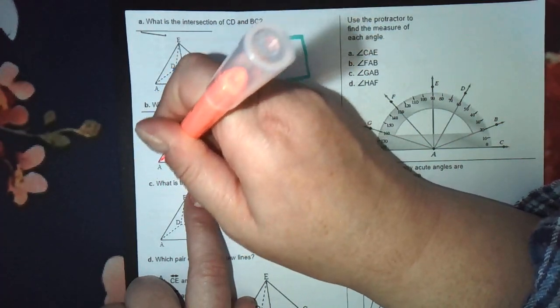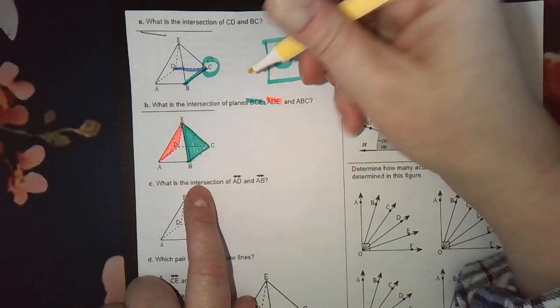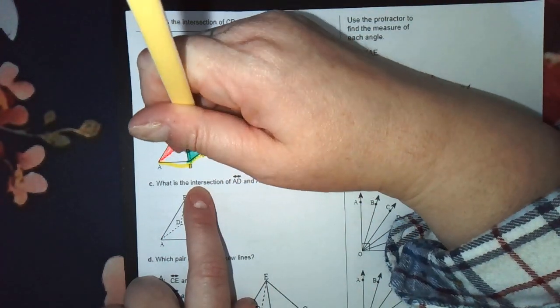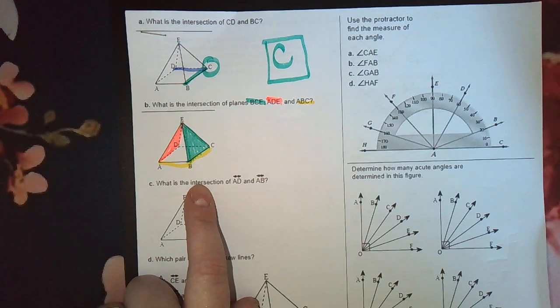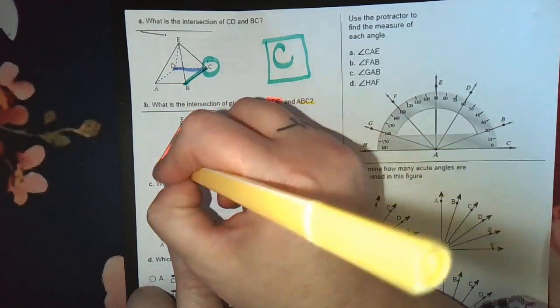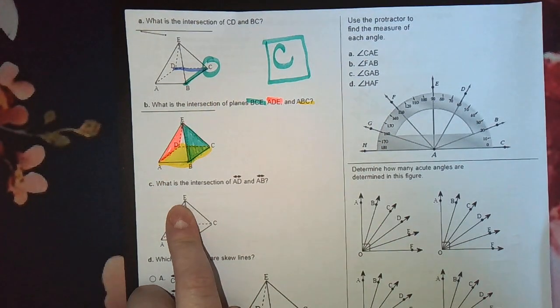It looks like the leftish side of that pyramid looking thing. And ABC. Whoa, what's ABC? Which part of the triangle is that? That's the bottom piece. Okay, so it's saying, where do all three of these touch?